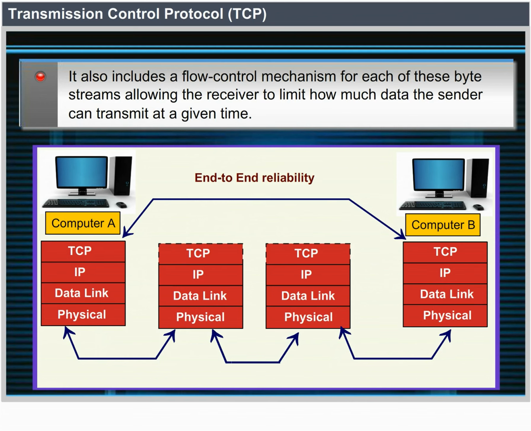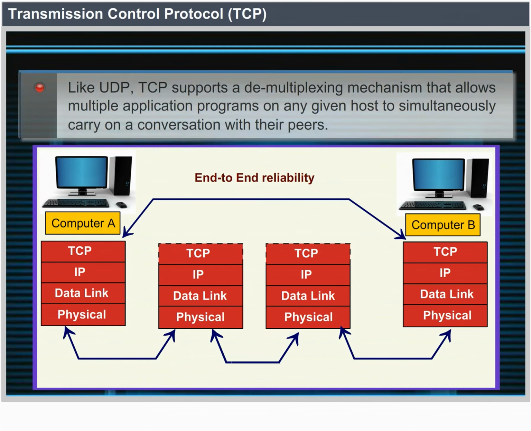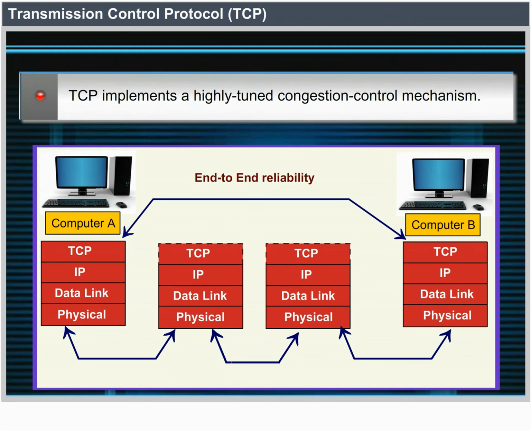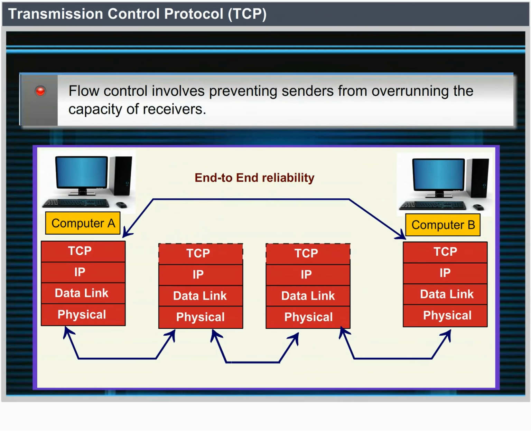Like UDP, TCP supports a demultiplexing mechanism that allows multiple application programs on any given host to simultaneously carry on a conversation with their peers. TCP implements a highly tuned congestion control mechanism. Flow control involves preventing senders from overrunning the capacity of receivers.